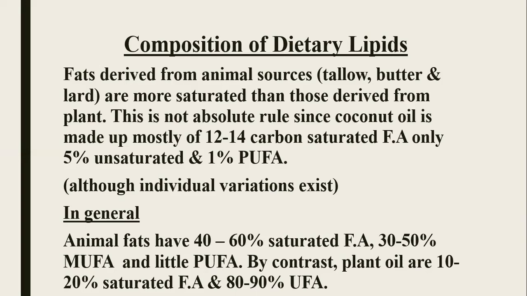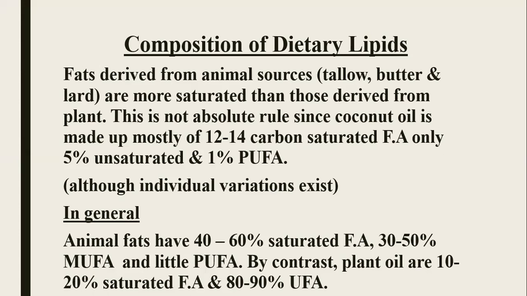But in general, animal fats have 40 to 60% saturated fatty acids and 30 to 50% monounsaturated fatty acids and very little polyunsaturated fatty acid. By contrast, plant oils contain 10 to 20% saturated fatty acids and 80 to 90% unsaturated fatty acids.